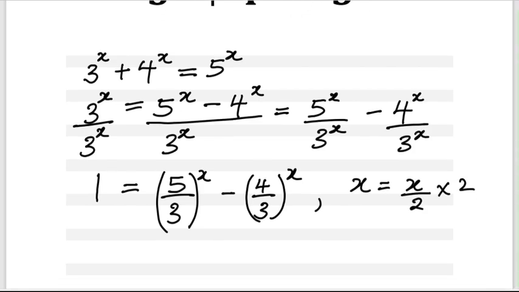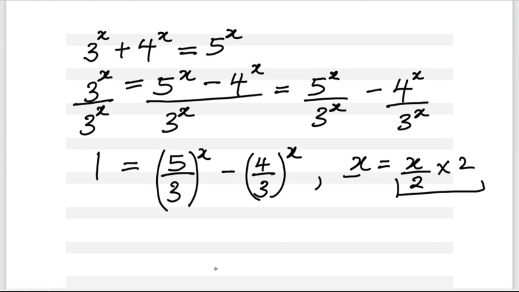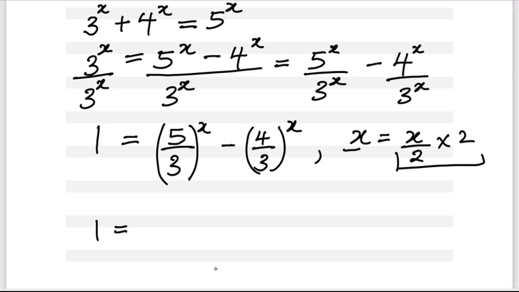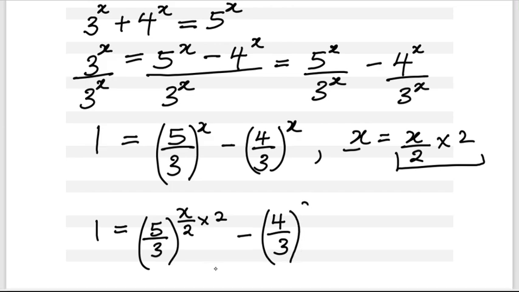So I'm going to replace this x with x divided by 2 times 2 in this problem. So you're going to have 1 is simply equal to 5 over 3 to the power of x divided by 2 times 2 minus 4 over 3 to the power of x divided by 2 times 2.